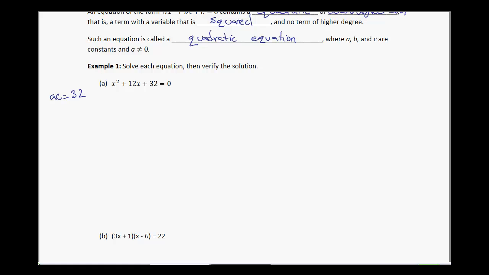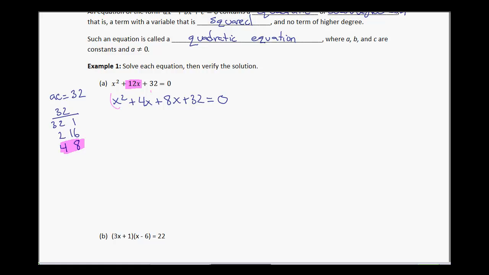So we need to find two numbers that multiply to 32 and add to 12. 32 has factors of 32 and 1, 2 and 16, and 4 and 8. I'd say 4 and 8 add up to 12, so let's use those. And we'll have x squared plus 4x plus 8x plus 32 equals 0.